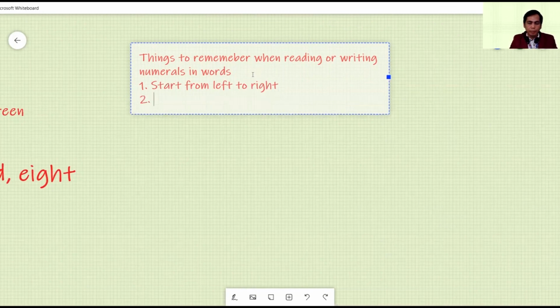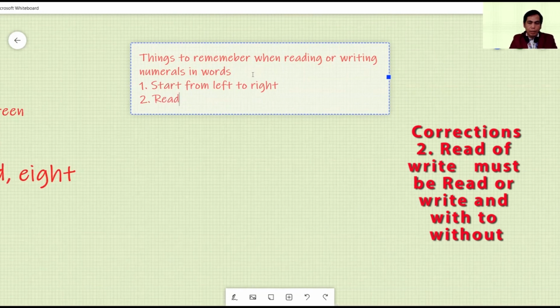Then read or write the value of each period.